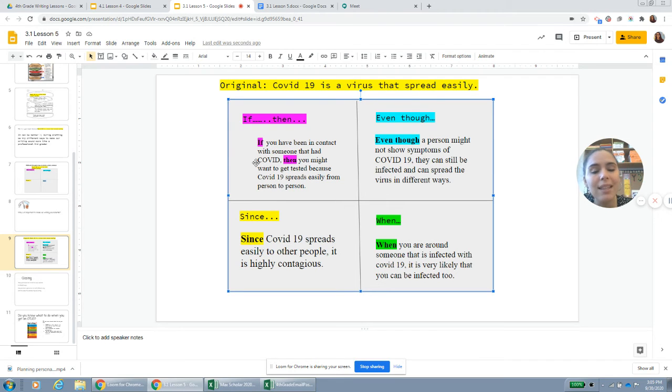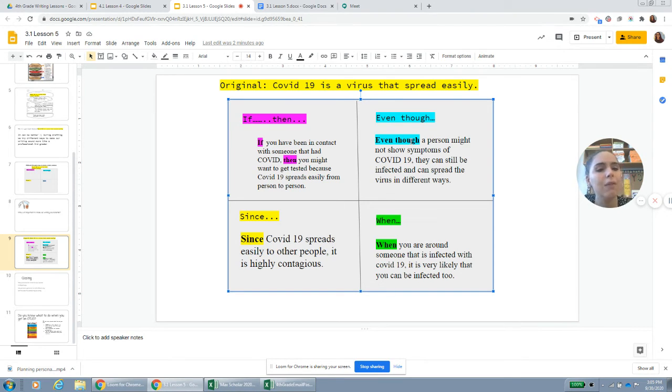So I'm still saying the same thing. I'm saying that it spreads, but I'm kind of catching the reader's attention. It sounds a little bit more interesting. I'm going to want to keep reading that paragraph. So I really like this new topic sentence, but I decided to try the even though one. So with even though, I started with the words even though. I thought, how can I say this starting with even though?